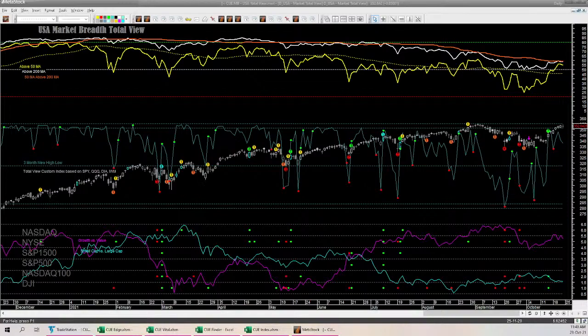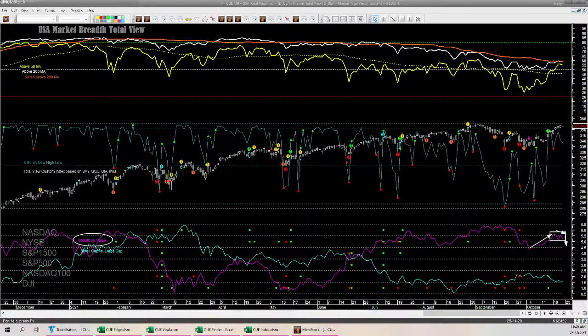What kind of stocks are in favor? Growth versus value, the magenta line. We don't know. It was in an uptrend. Now it is probably changing, but we'll have to see if it actually tilts down. For last couple of days, it's moving zigzag, up, down, up, down.